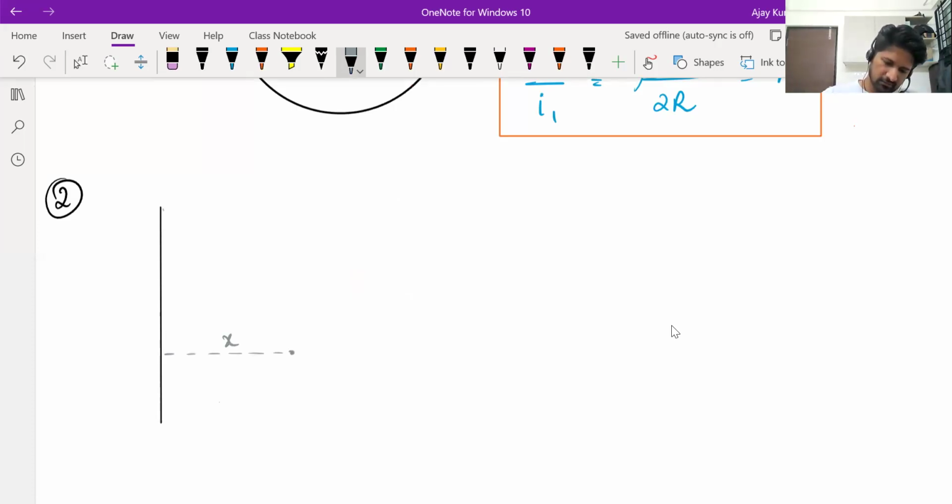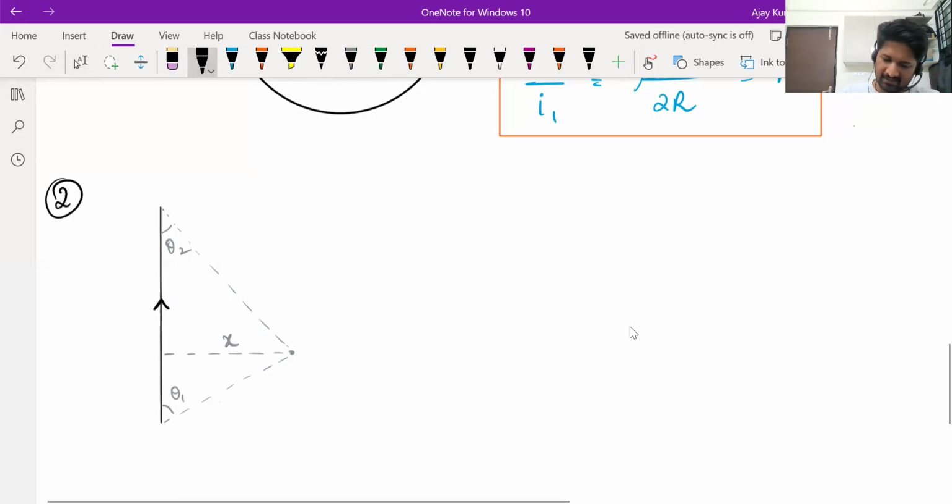Assume these angles theta 1, theta 2 are known to you. Let's say there's a current I flowing. What is the expression for magnetic field at that point?